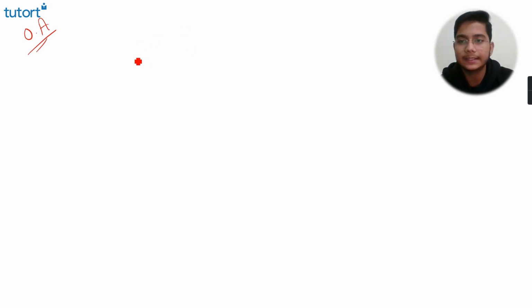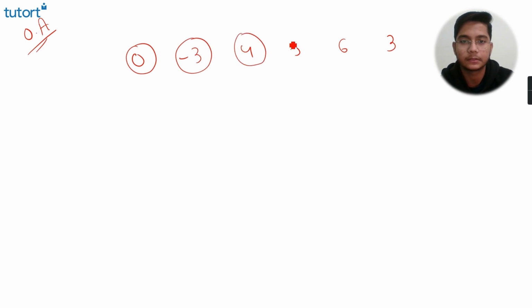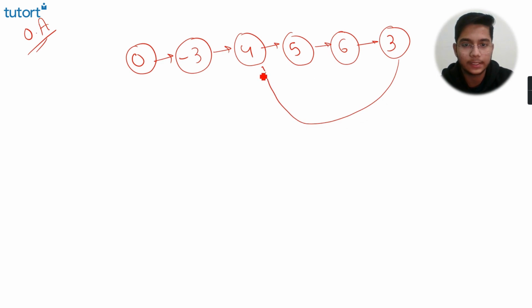So in a given linked list, let's say 0, -3, 4, 5, and 6, and 3 again, let's say, right? So this is a linked list, and it's pointing to 4, let's say, right?